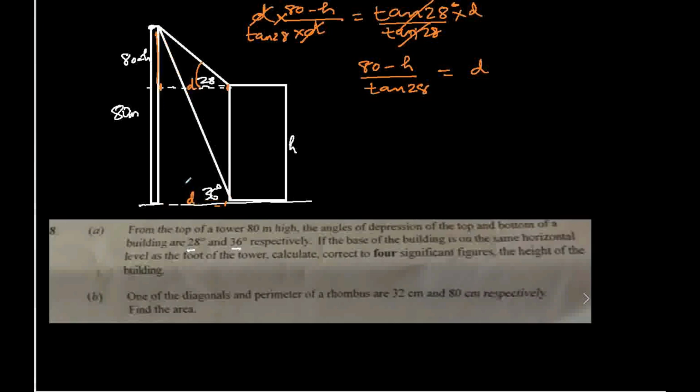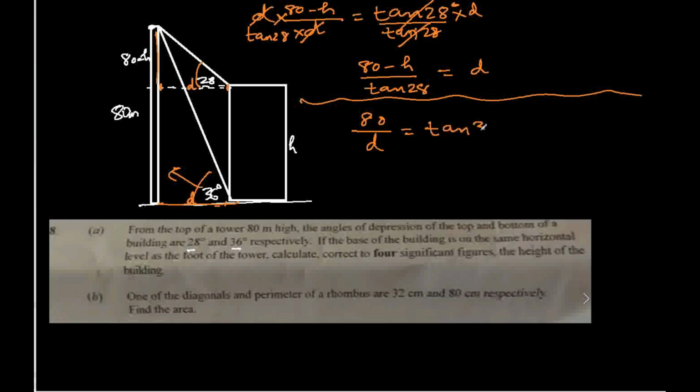This d we will use in this big triangle now, where the angle is 36, and we'll use tan again. This time the side which is opposite to 36 is the full 80 height of the tower. So it will be 80 divided by the adjacent, which is d again, equal to tan 36.